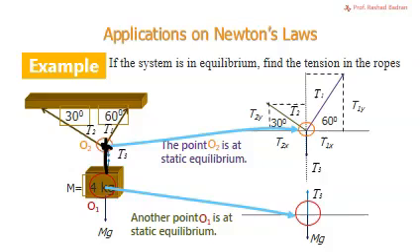What is wanted here is to find the tension in the 3 ropes, T1, T2, T3. To do that, we have to get 3 equations out of these free body diagrams.